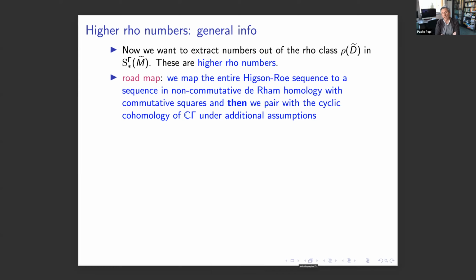What we will do, in fact, is we will map the entire Higson-Roe sequence to a sequence in non-commutative de Rham cohomology, okay, with commutative squares. And then, in analogy with what I just explained, we will pair with the cyclic homology of C Gamma under additional assumptions. Okay. So this is the program.